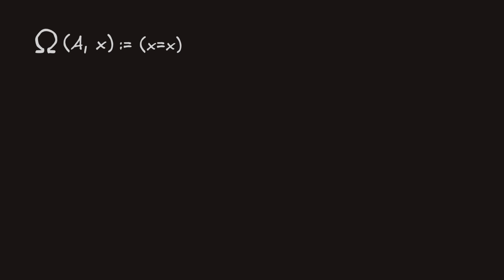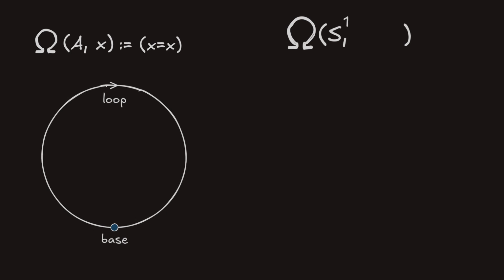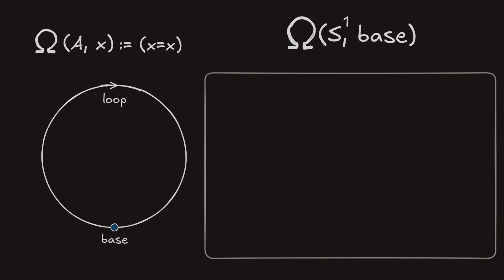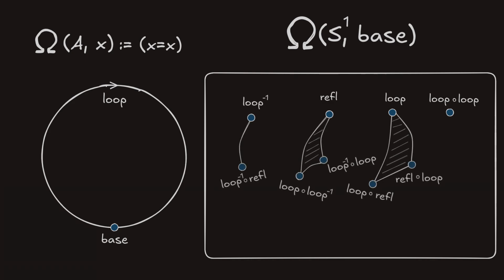For example, if A were the circle type and x were the term base, then omega of S1 base would be all the paths from base to itself. These would include refl, loop, loop of loop, the inverse of loop, and all the other paths that are homotopic to these paths.